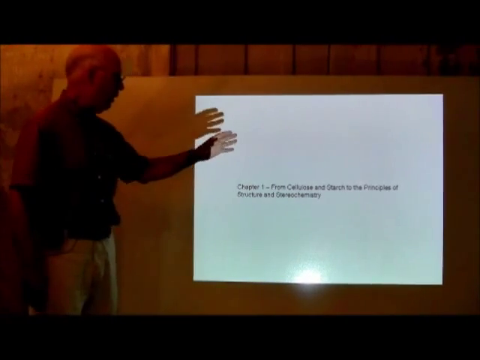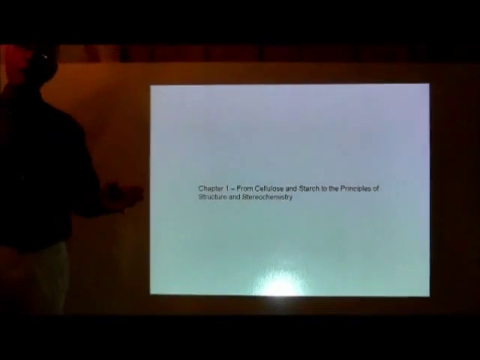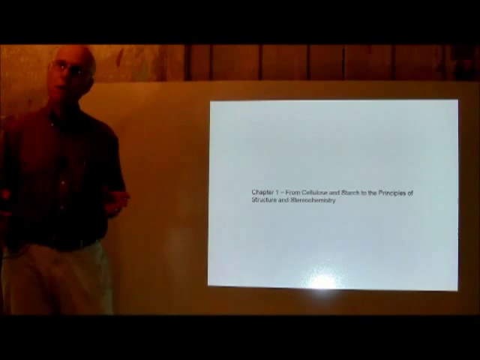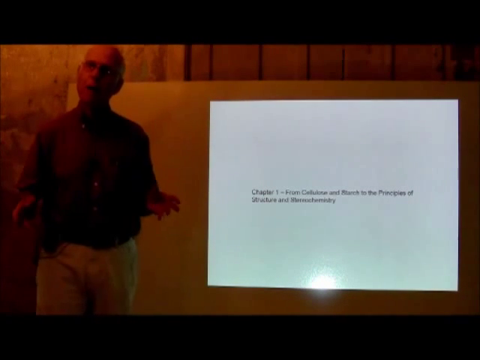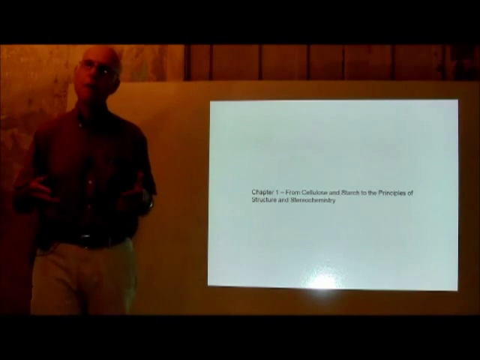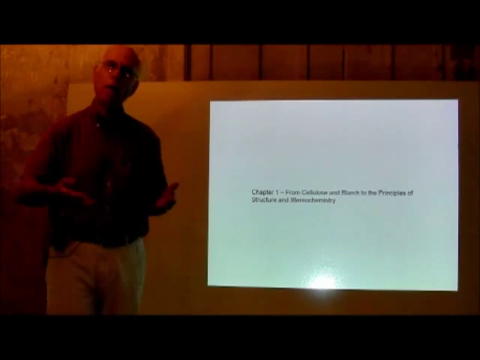From cellulose and starch to the principles of structure and stereochemistry. Cellulose and starch are both polymers, very large molecules, macromolecules, made by recurring units of glucose. Glucose is the most common organic molecule on Earth, the product of photosynthesis, the sun's energy working on carbon dioxide and water.